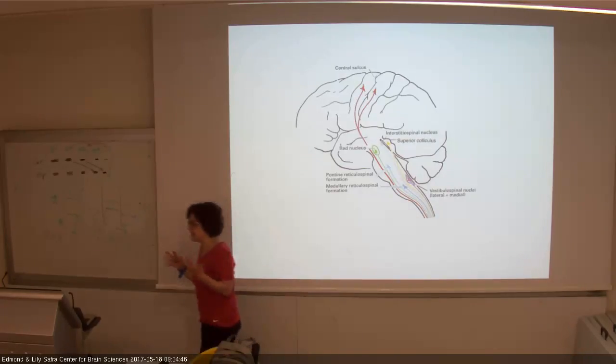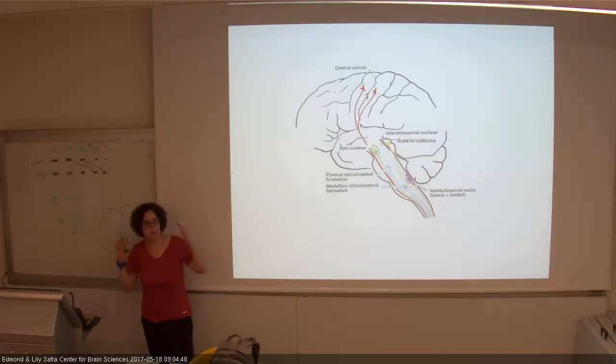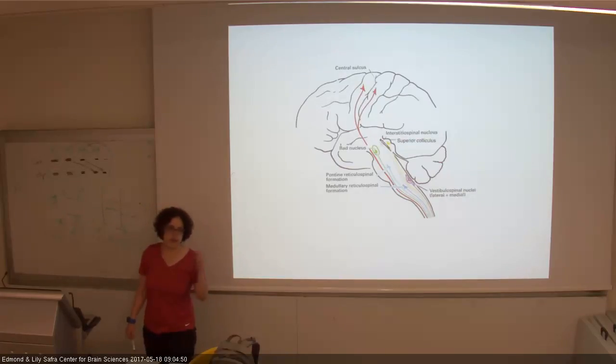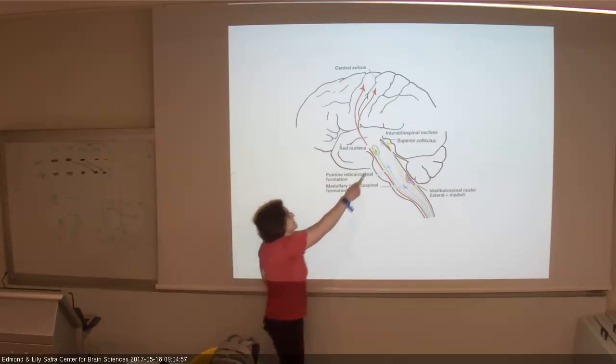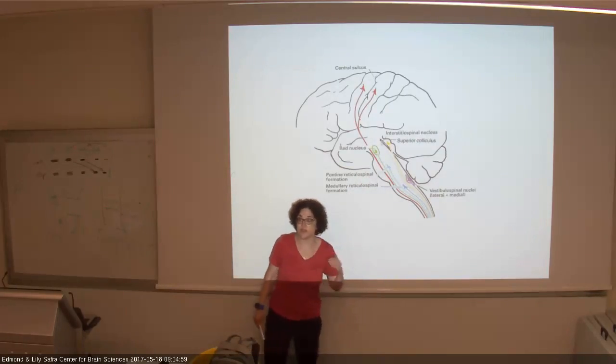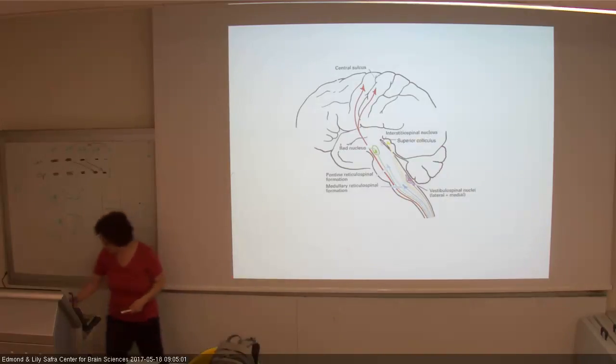So the motor cortex has two ways to reach downstream elements, either directly via the corticospinal tract or indirectly via these pathways, because all of these structures are, at least to some extent, under the influence of the motor cortex.